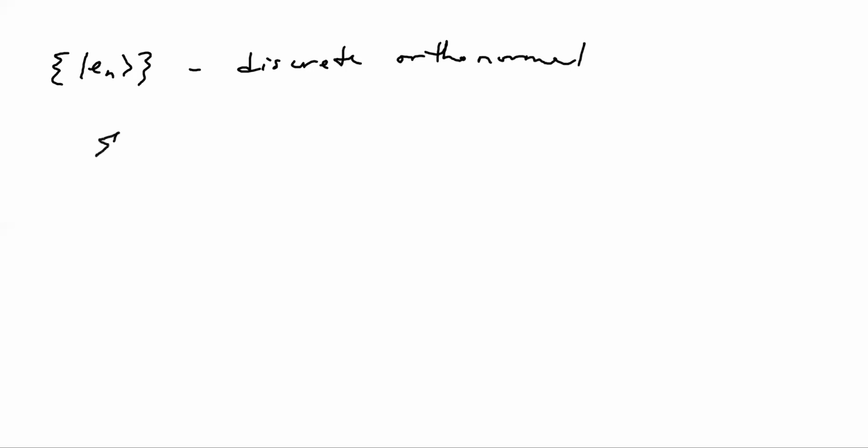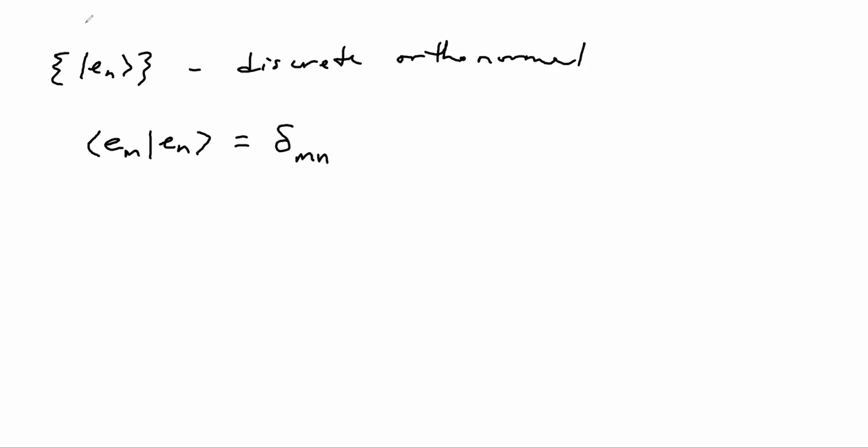Then those basis vectors, if they're discrete and orthonormal, are going to give us 0 when we take the inner product, except when they are the same thing. So except when m equals n, right?